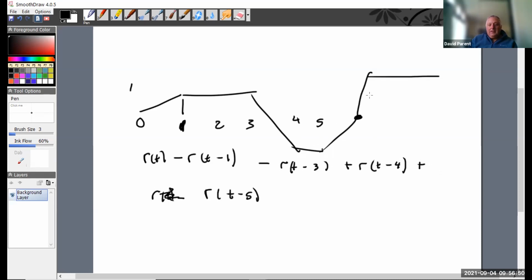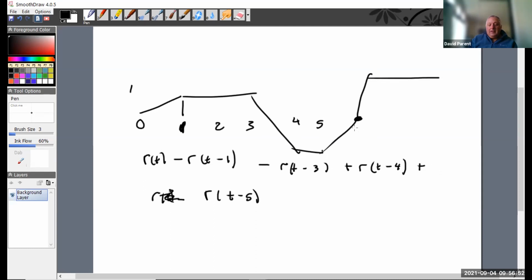And then at 6, it jumps, so plus u(t-6), but it also flattens out, minus r(t-6).